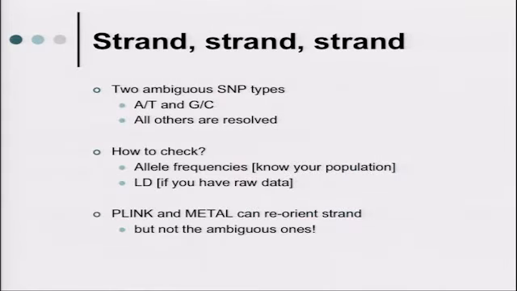You can use allele frequency, you can use things like linkage disequilibrium, which we didn't talk too much about here, but one of these issues is ambiguous SNPs. It's a bit of an aside, but I think all of us who have done a lot of this work have run into this issue, and it's not easy to resolve.